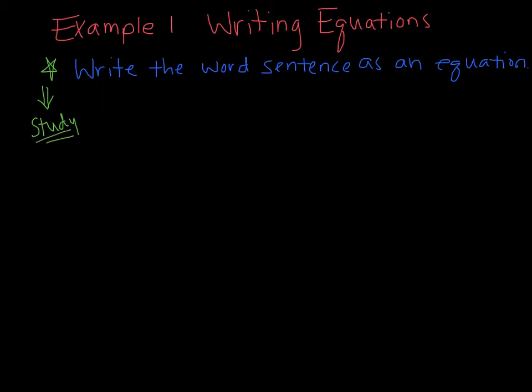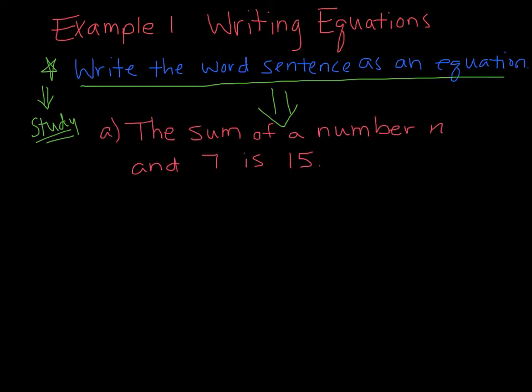So what I'm about to show you, you can study and say, okay, if the directions say this, then I do what Mrs. Taylor's about to show me. So make sure you focus on that. This is a study question right here. So this would be a very good example of exactly what you'll see. So the sum of a number n, that's an n, and 7 is 15.